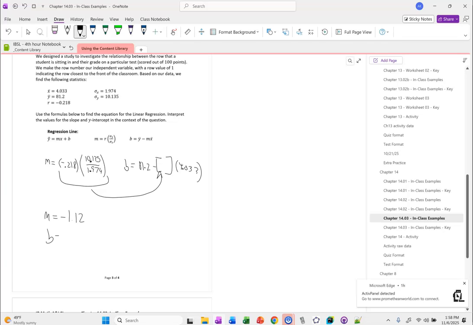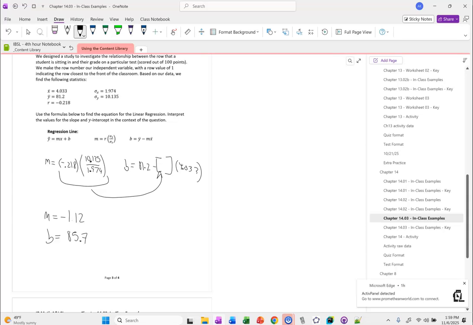And then 81.2 minus... wait, oh, I did times. That's where I'm wrong. 85.72, or really 85.7 with 3 sig figs. Okay, all right.